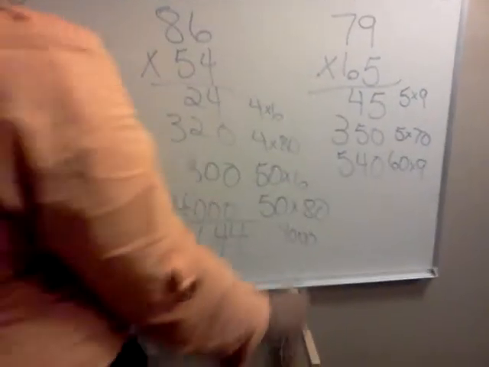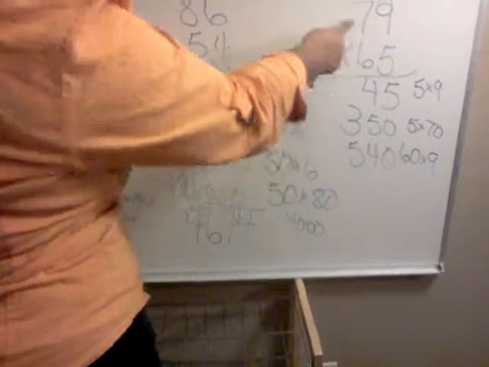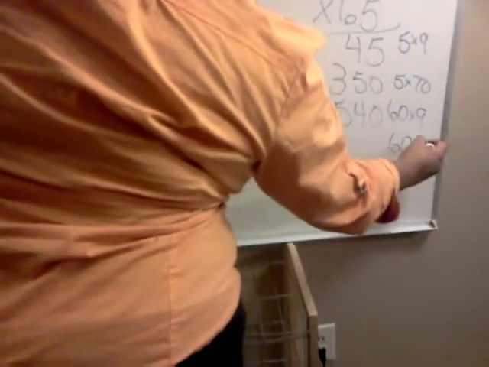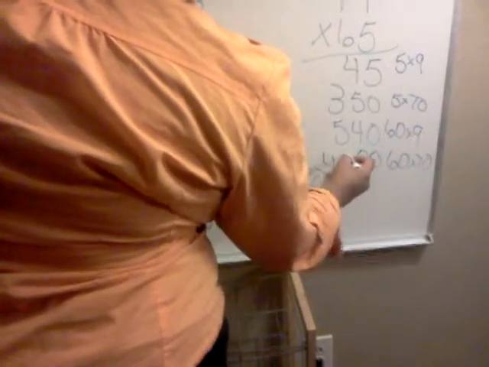And last, we just multiplied 10s times the 1, so now we're going to do 10s times the 10. 60 times 70. Okay, so 6 times 7 is 42, and we put on the 2 zeros at the end. So here are our 2 zeros, 42.